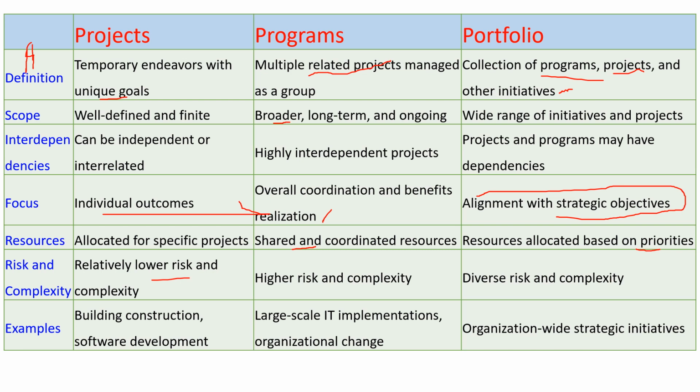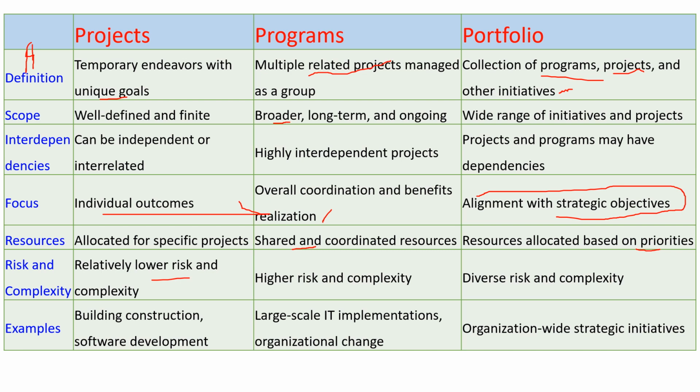Let us take examples. For a project, building a single construction may be a project, or developing software for a particular purpose is a project. For a program, a large-scale IT implementation. Within that, there may be several small projects which are interrelated.